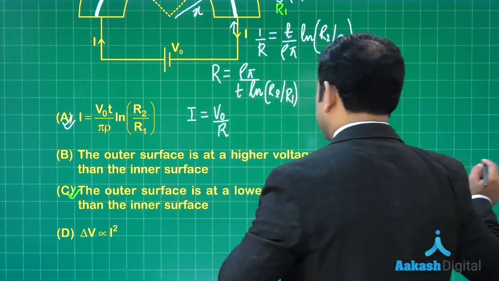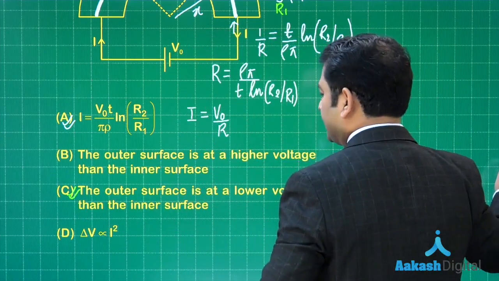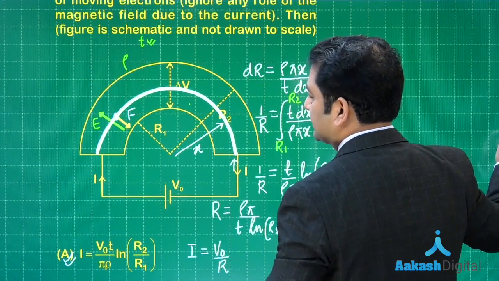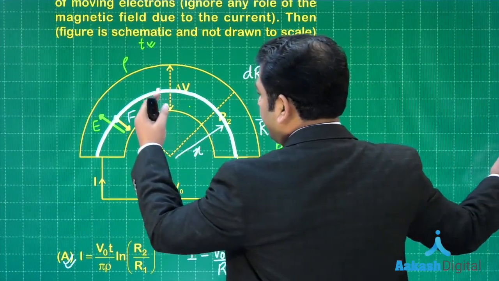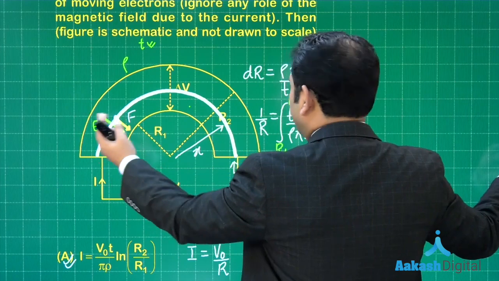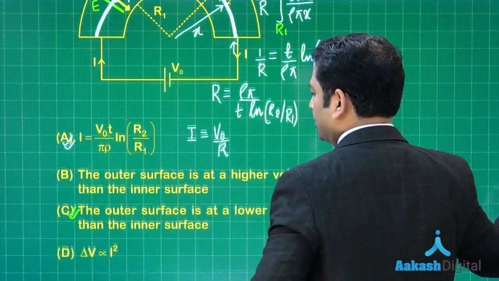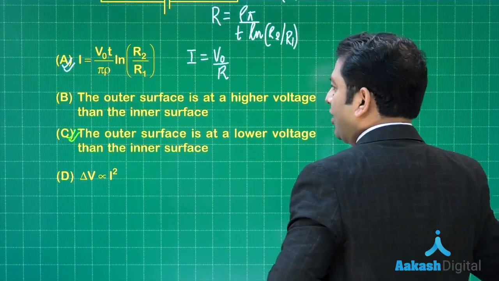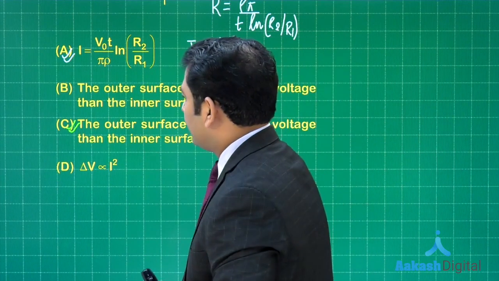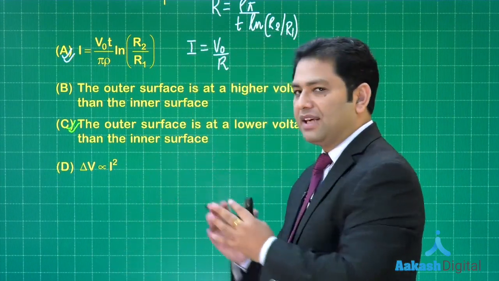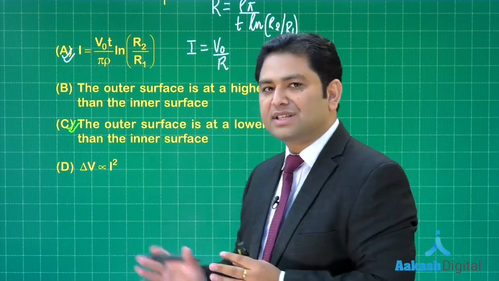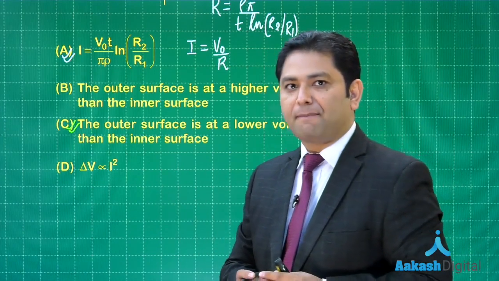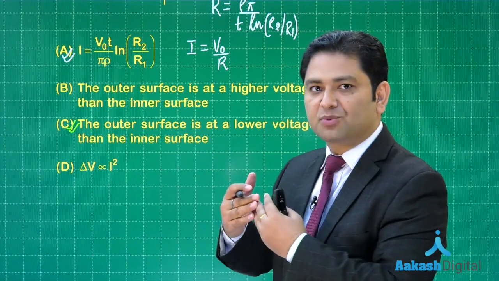The outer surface will be at lower voltage than the inner, or in other words, you can see the inner is at higher potential as compared to the outer one. Okay, now we need to finally comment on the value of delta V, and we need to see how it depends on current. The delta V, the same transverse one.